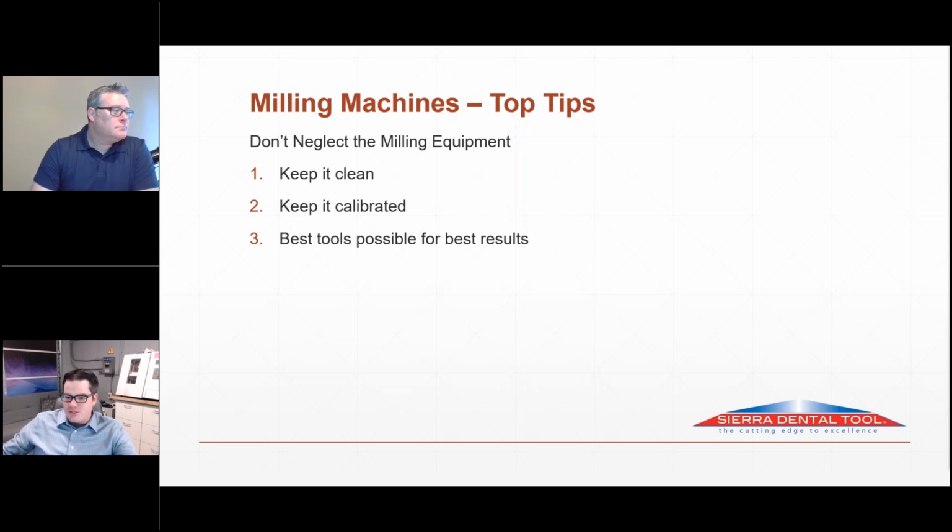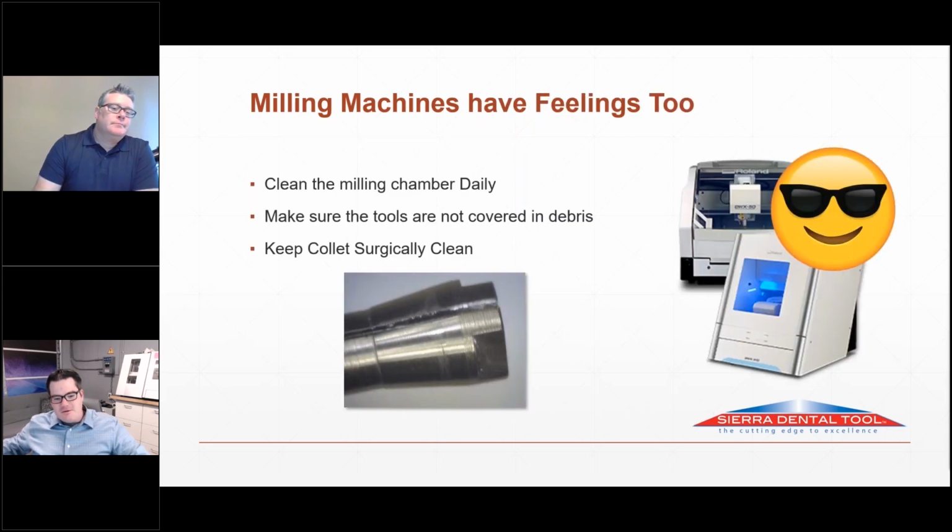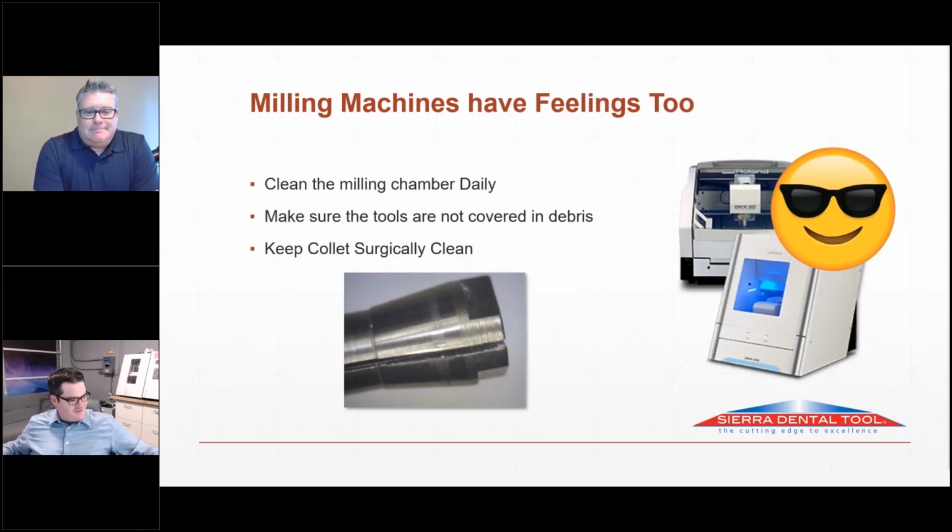They still need attention. And there's a few things that you can do as a machine owner or an operator that are going to help you. First off, it's about cleanliness, calibration, and then tool selection. So I'll hand that back off to Nick here, and he'll rant at you a little bit about cleanliness.